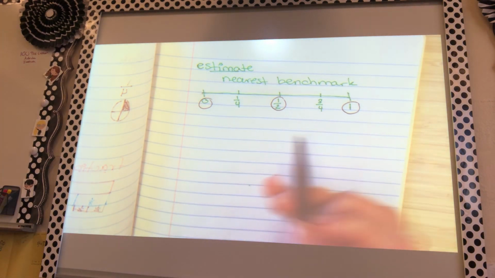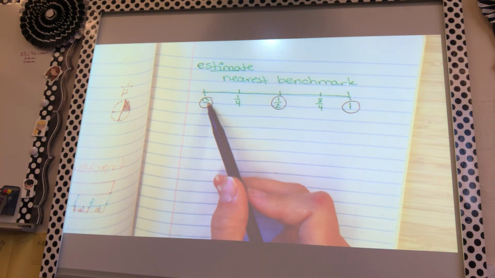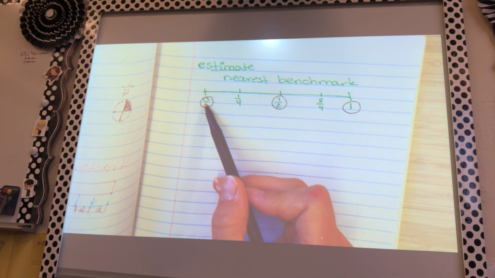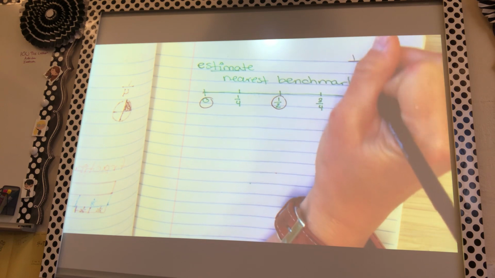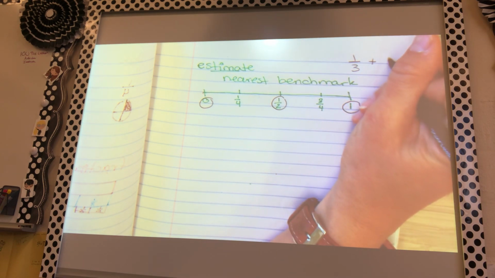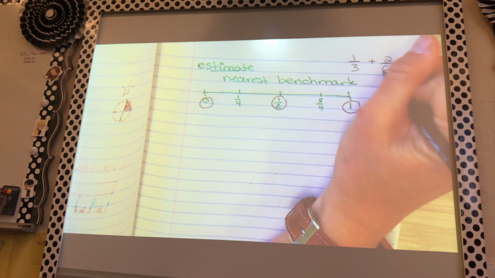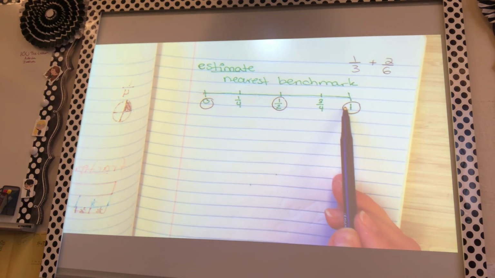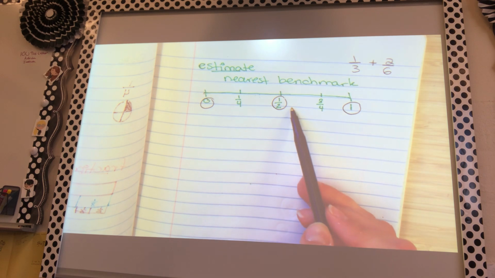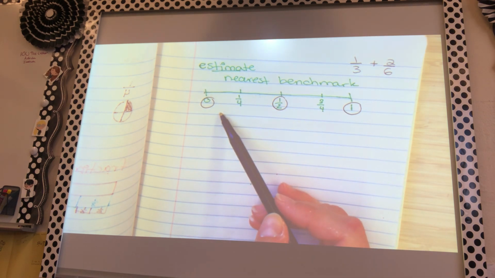So benchmarks are going to be broken up to the number that comes before, which this time happens to be 0, because I have 1/3 plus 2/6. So since I have numbers less than 1, I'm either going to go up to 1, down to 1/2, or down to 0.